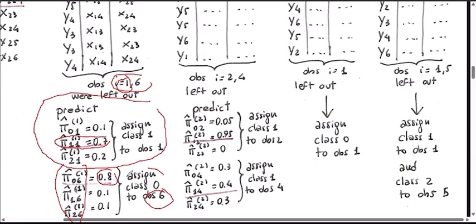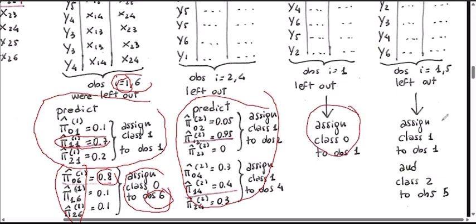So observation 6 should go to class 0. And we do the same for everyone that is missing. If it is only one that is missing, that will be very, very easy.